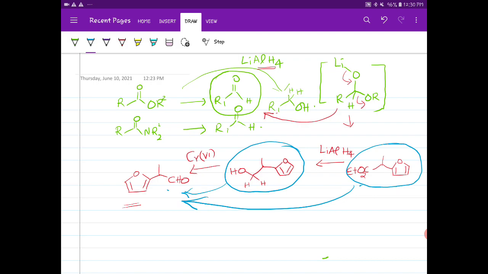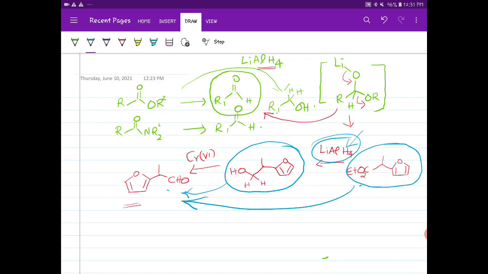If you observe these reactions keenly, what matters is the number of hydrides you provide. In lithium aluminum hydride, there are many hydrides available. You can restrict the number of hydrides to a single one. If you restrict it to a single hydride, definitely you are going to get aldehyde from ester.